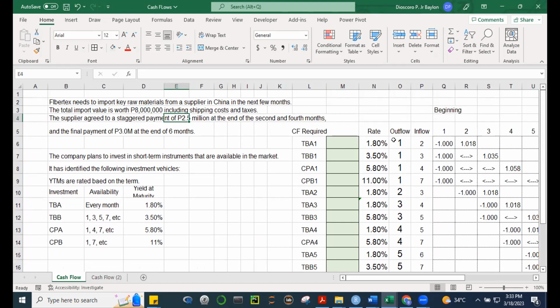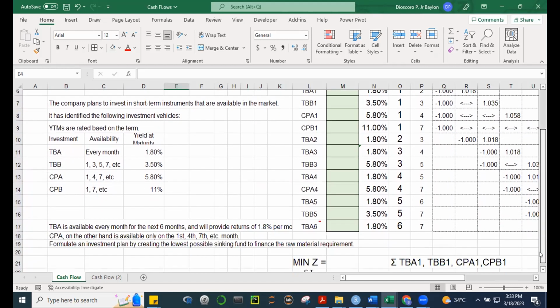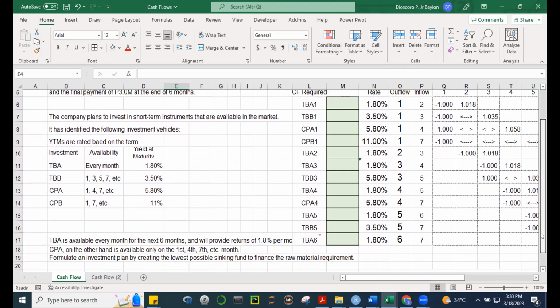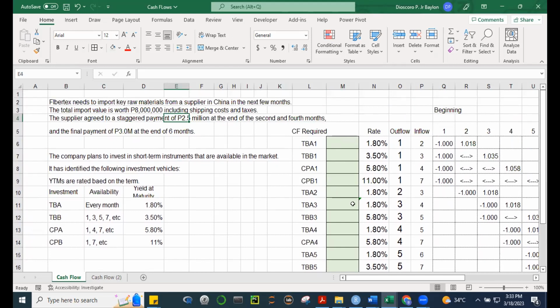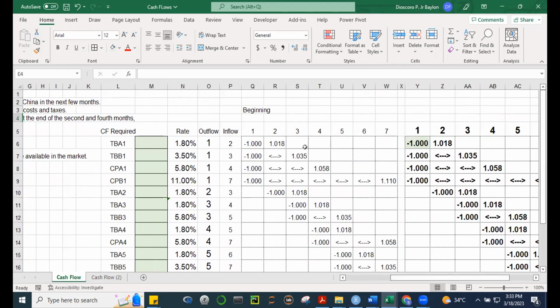What we need to do is raise a certain amount, minimum amount, put it in these investments, and let it earn interest, so that when we reach the beginning of the third month, we should have 2.5 million. At the beginning of the 5th month, we should be able to draw out 2.5 million again. And at the end of the 7th month, we should be able to draw out 3 million.